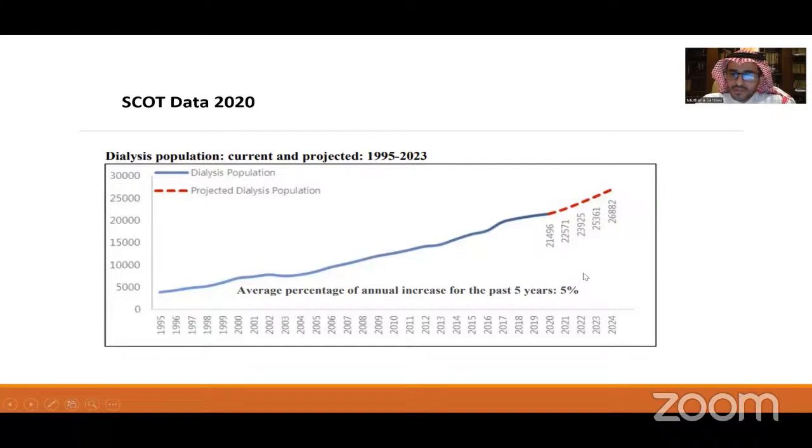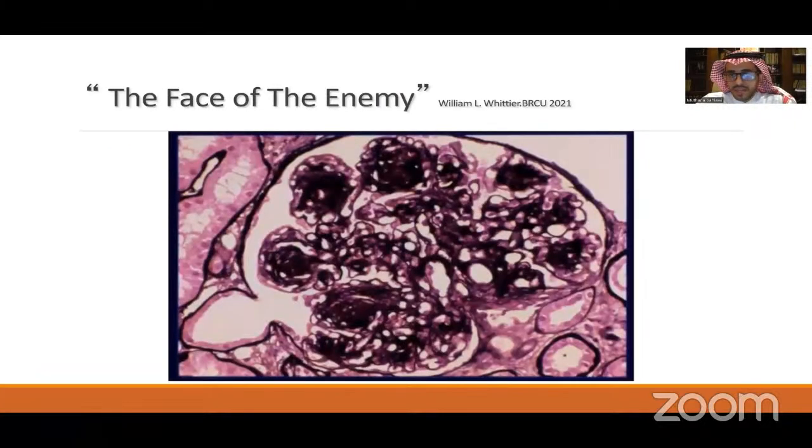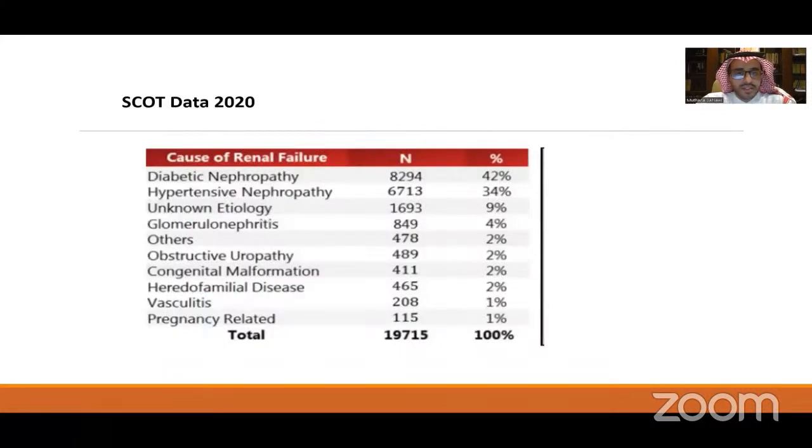So as of 2022, there are around 23,000 patients on dialysis, in addition to another 8,000 with a kidney transplant. And when we talk about CKD, we have to talk about diabetes. Diabetes has been the leading cause of CKD in the kingdom. Also, by looking into SCOT data, around 42% of patients with end-stage kidney disease are on dialysis because of diabetic kidney disease.